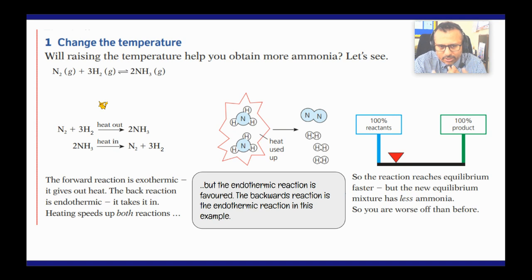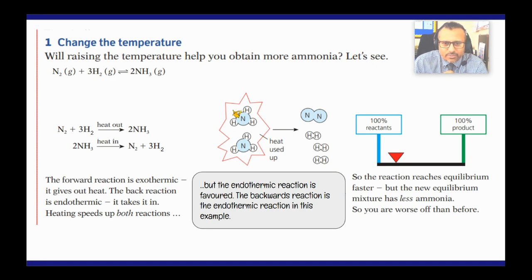So if you are supplying extra energy, the reverse reaction is actually encouraged. So heating speeds up both reactions, but the endothermic reaction is the one that's favored. The backwards reaction, where you have ammonia breaking down back into a nitrogen and 3 hydrogen molecules, is favored.